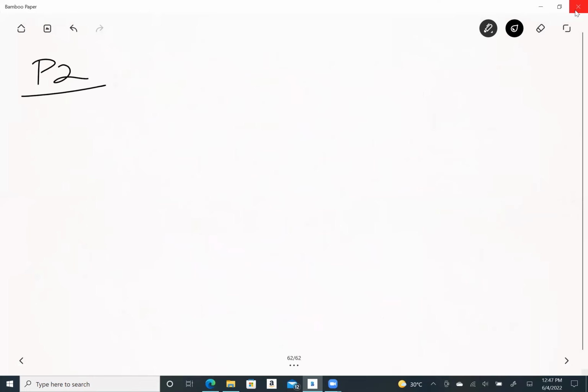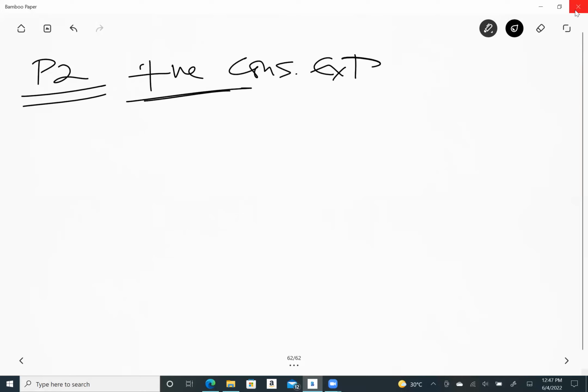Problem number 2. Now, problem number 2, you have the table given there, and you have the marginal benefit. So this is the positive consumption activity. So question 1, negative production. Question 2, positive consumption. So from the table given there, you can do 2 things.